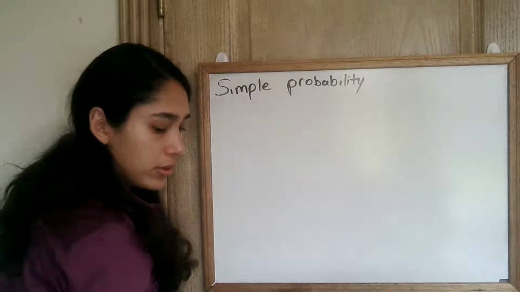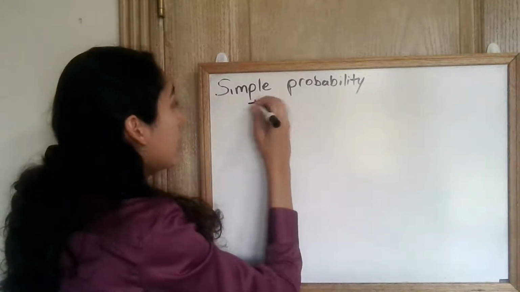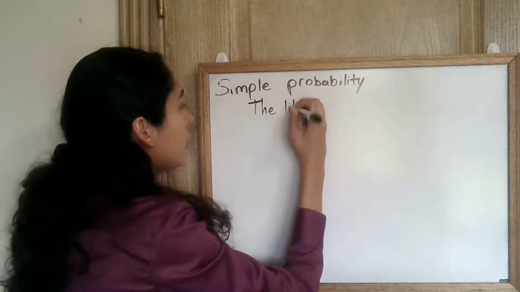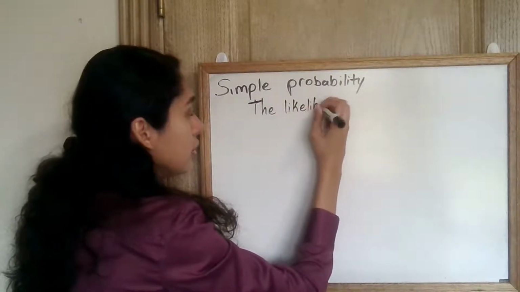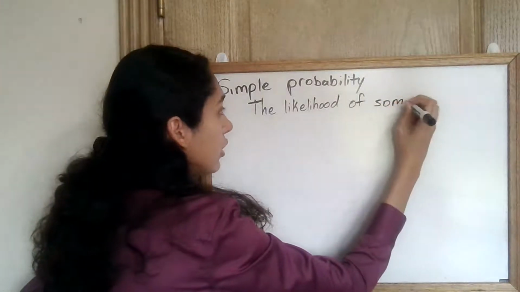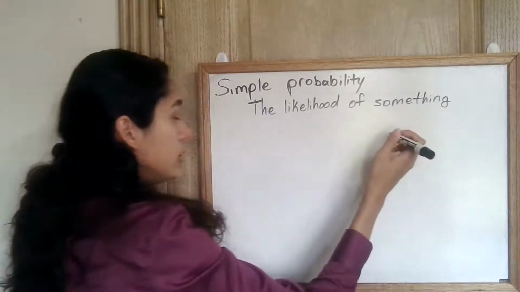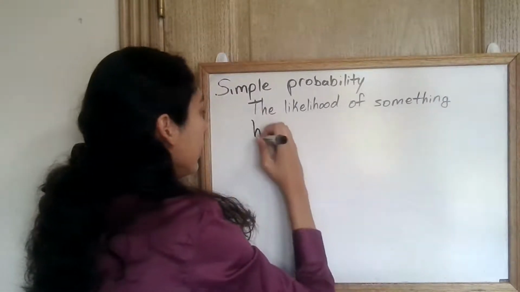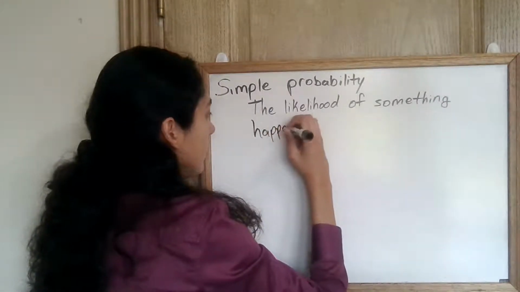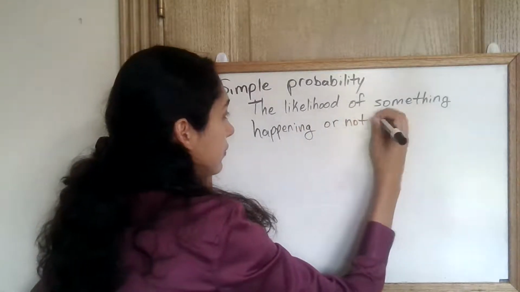So this simple probability tells us the likelihood of something happening or not happening.